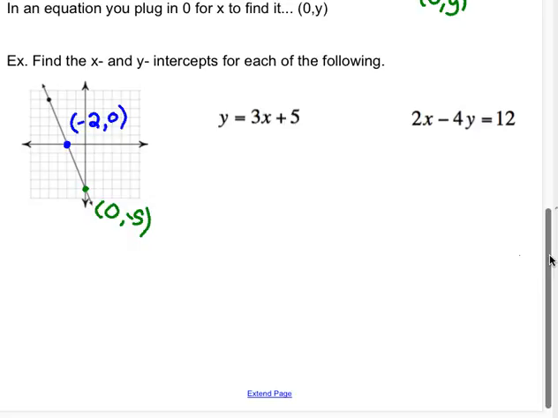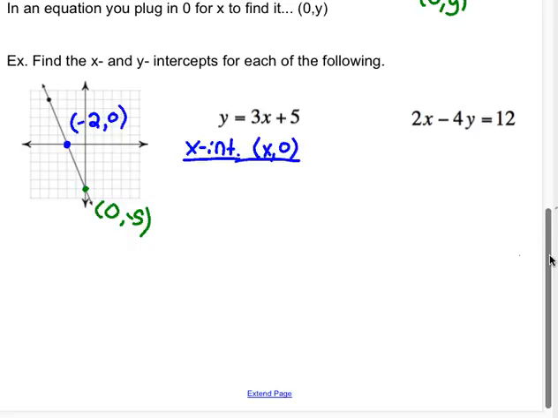So let's think about equations, though. So for equations, when I'm looking for the x-intercept, remember the x-intercept is going to be when you have an x value and your y is 0.